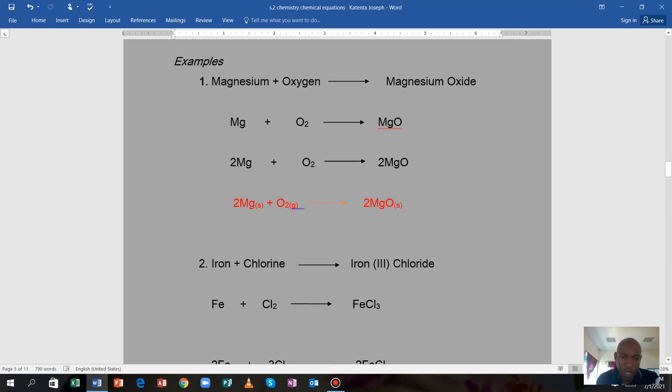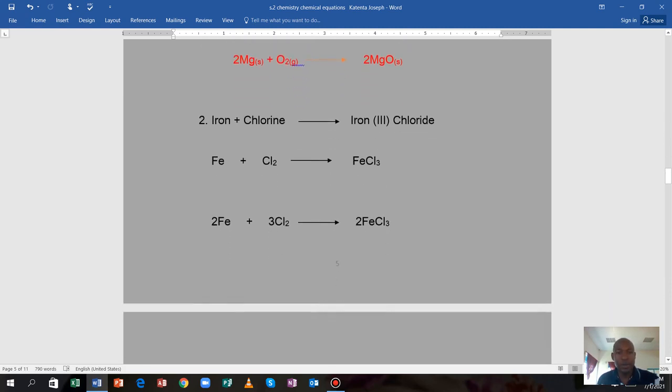So we multiply magnesium metal on the left by 2, and our equation is balanced. Our last step is to put the state symbols. Magnesium is a solid, oxygen gas, then magnesium oxide is a white solid. Our equation is now good.